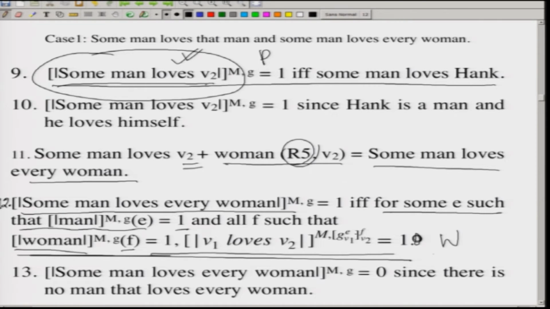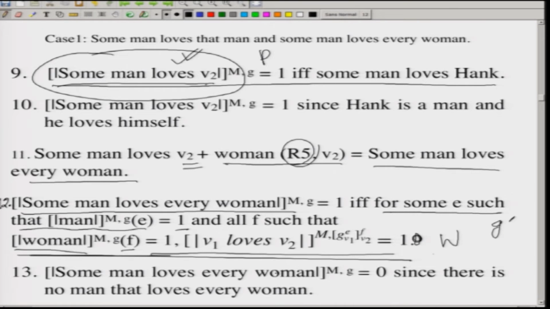Now here there is a trick. You see, we are considering a g, it is not g, it is a g prime, a variant of g that assigns e to V1 and f to V2, and e in this case is some and f is all.